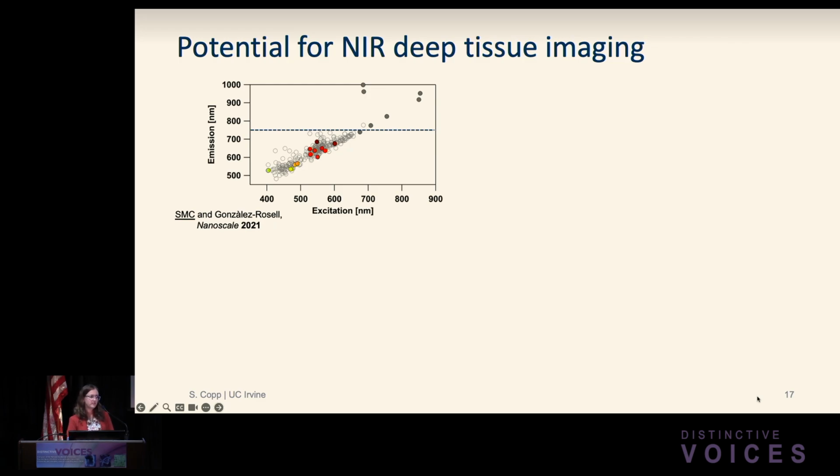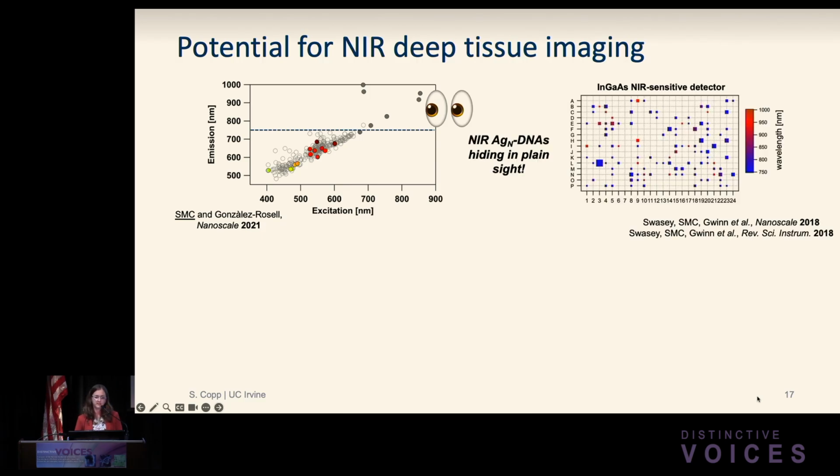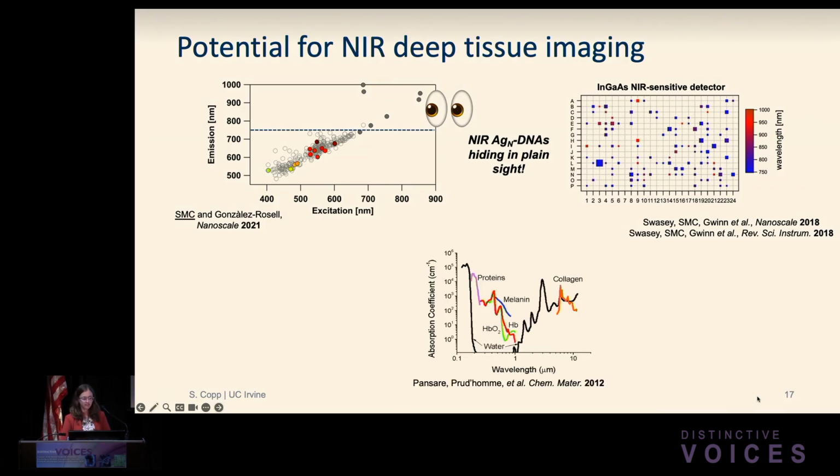And it was initially thought that maybe that was just because DNA wasn't good at stabilizing nanoclusters that had the right size and shape for this emission wavelength. But actually, it turned out we weren't looking with the right eyes. So my former lab mate, Stephen Swayze, used a different type of detector, an indium gallium arsenide detector that's specialized for near-infrared emission, and he found all of these near-infrared emitters hiding in plain sight. And this is exactly in that tissue transparency window where we hope to find near-infrared emitters for bioimaging.